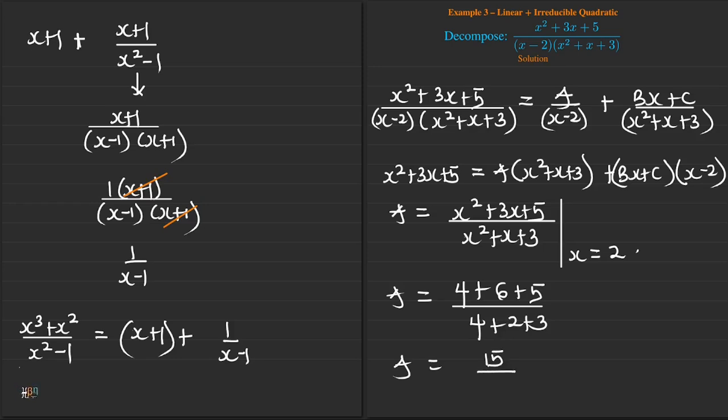So 15 over 4 plus 2, 6, 6 plus 3 gives us a 9. If you have to simplify further, we have 3 dividing 15 to give us a 5, and then into 9 to give us a 3. So it implies our a is 5 over 3.